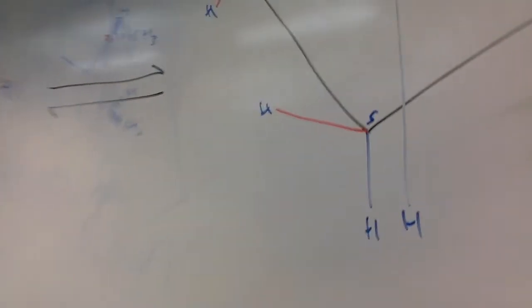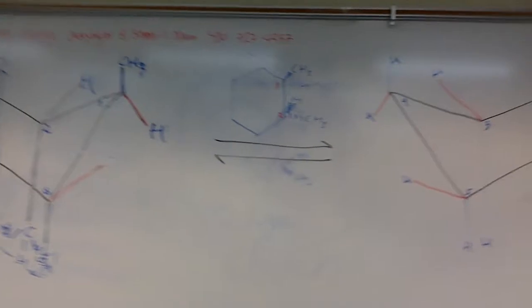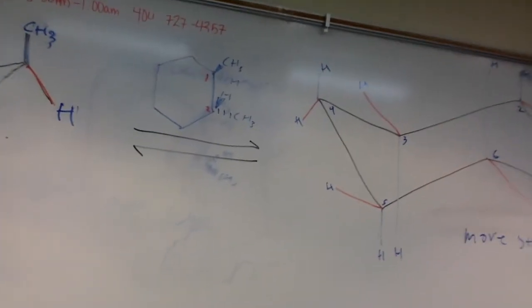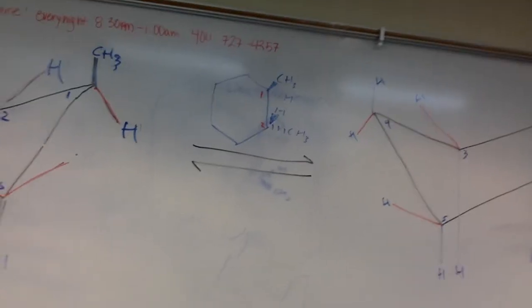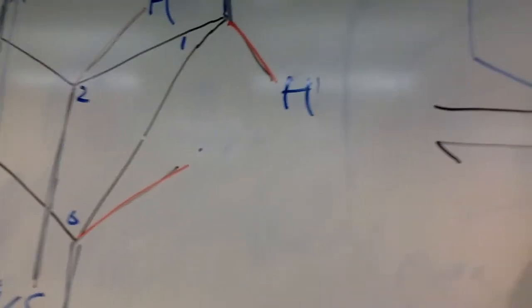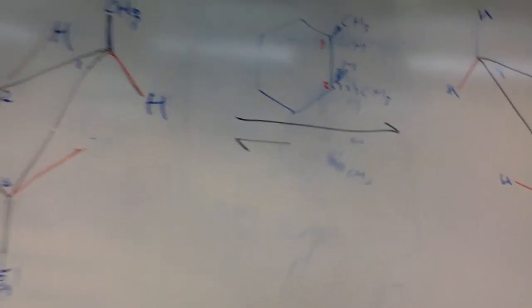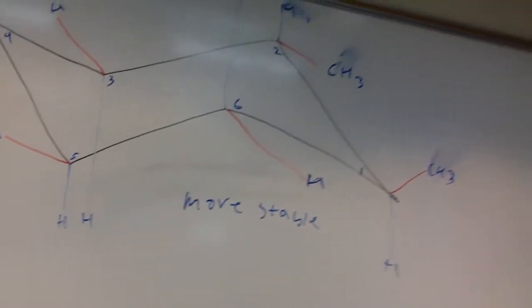Which means that at equilibrium, the arrow will mainly be pointing in the direction going from the left to the right, because it is in fact not just stable, but more stable. Always remember that.